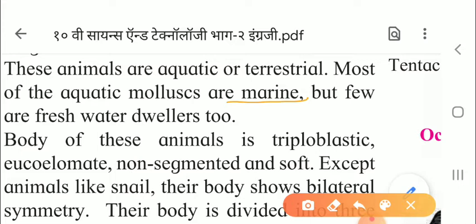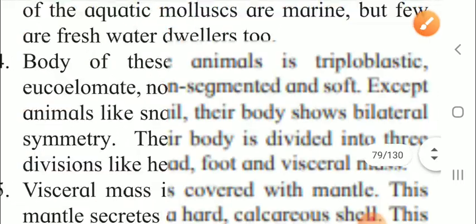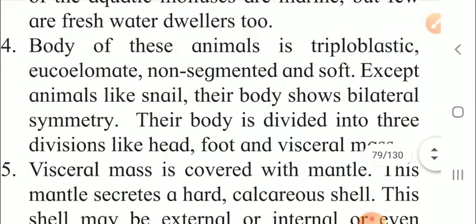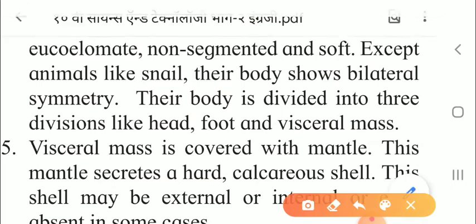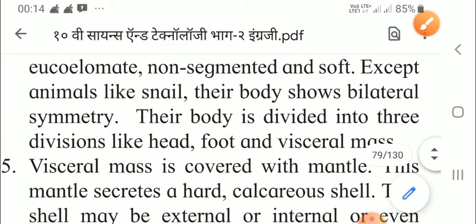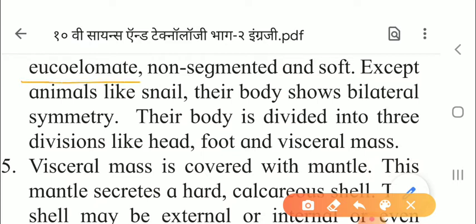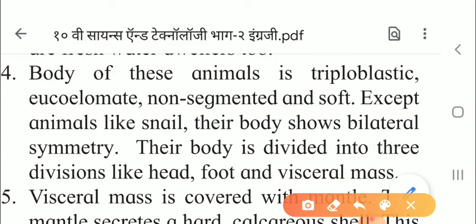Now how the body of these animals is there, that we'll see here. That body of this animal is triploblastic and eucoelomate. So this point you have to underline, that body is triploblastic and eucoelomate.